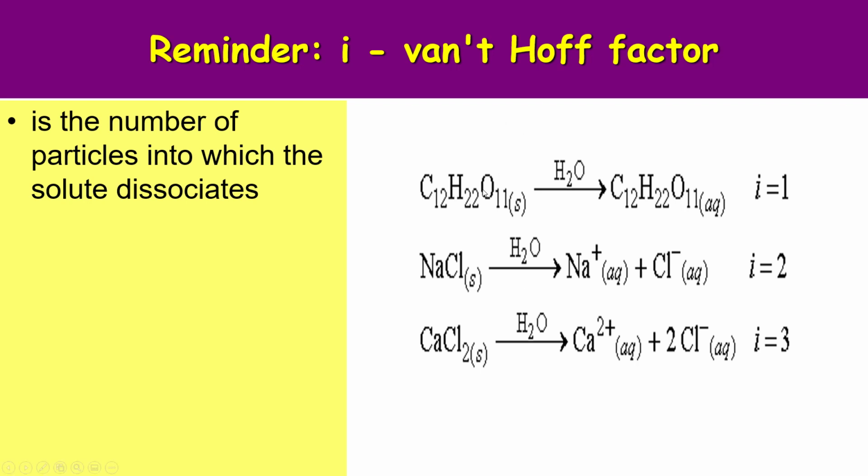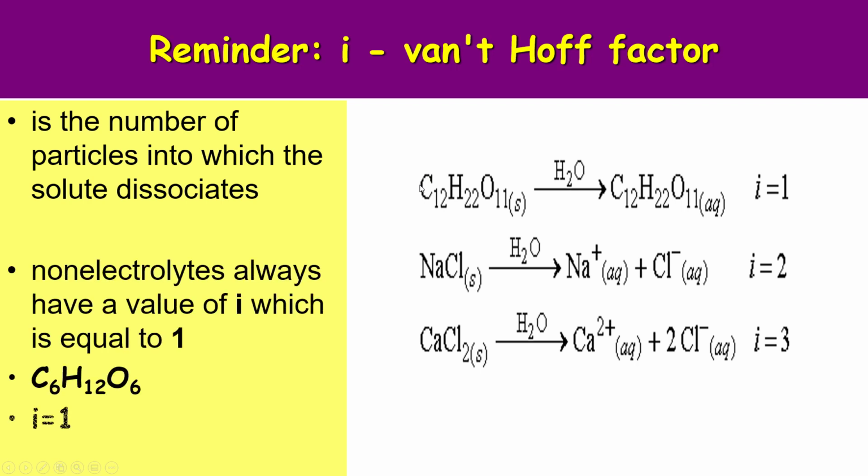You can see here there are 3 examples of typical solutes that are dissolving in the presence of water. You'll notice that this is table sugar, table salt, and calcium chloride. Remember this, if you have a molecular compound, covalent molecular compounds do not break up into their component atoms that are here.